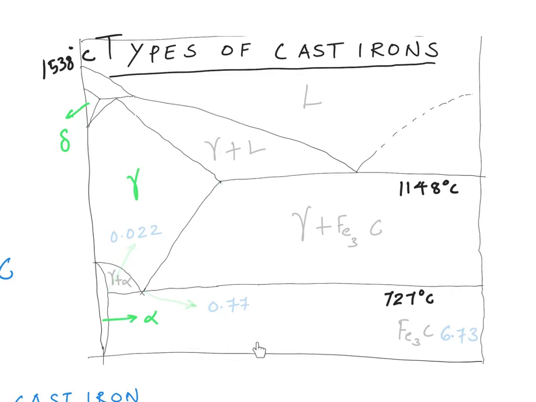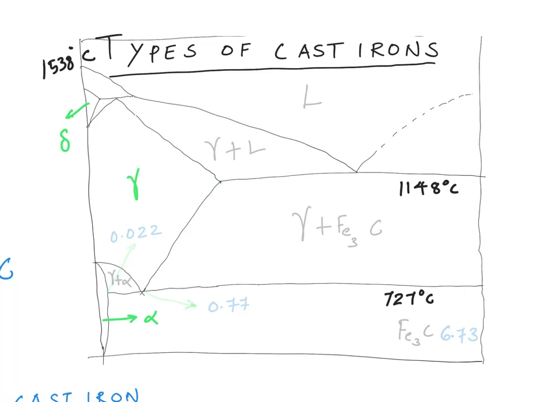The moment I keep adding carbon into the alloy, that implies we are somewhere here in this regime, then it can be easily melted. So the temperature at which we can see a liquid phase has come down.